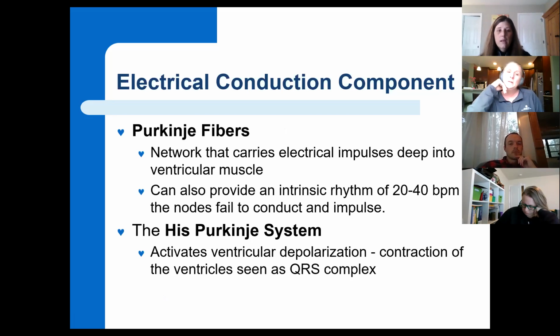Now, if the Purkinje fibers are conducting the impulse, remember I talked about that was 20 to 40, you'll see that the QRS complex becomes wide. And we'll see that again when we talk about blocks a little bit more. We're going to talk about measurements, so we're going to know what's normal and what's wide in a few seconds.